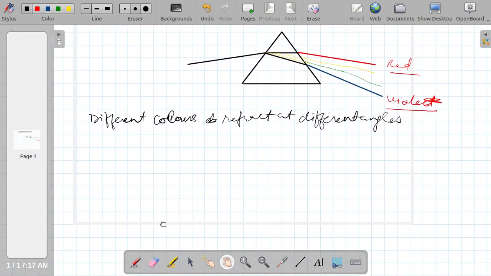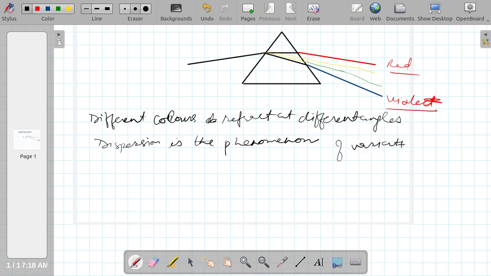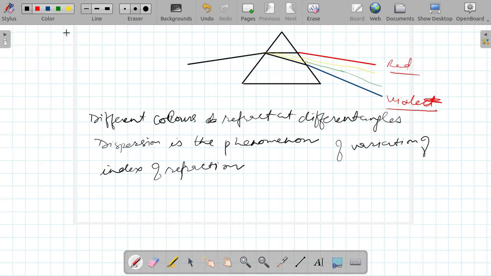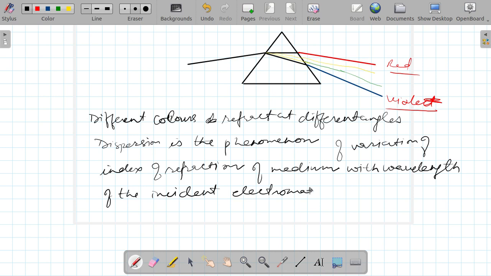Or in other words, I can say that dispersion is the phenomenon of variation of the index of refraction of a medium with the wavelength of the incident electromagnetic radiation.